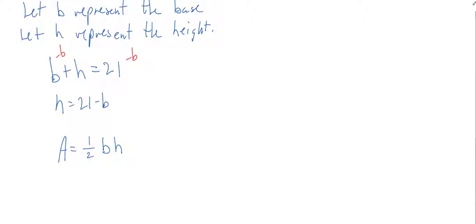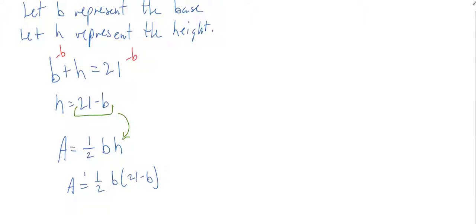You could start with divided by 2, but we'd have to pull it out anyway. And then I'm going to sub in for h, because h equals 21 minus b. So I get area equals 1/2 base times a height of 21 minus b.